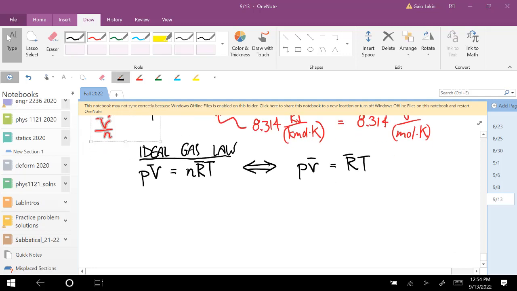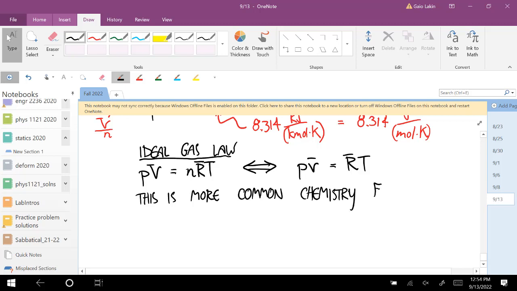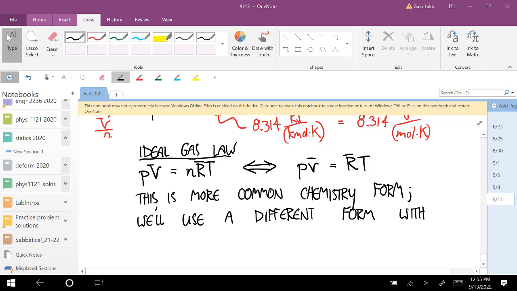This is the more common chemistry form. But we're going to use a different form that makes it easier to look stuff up in tables, with values that you can find in tables.